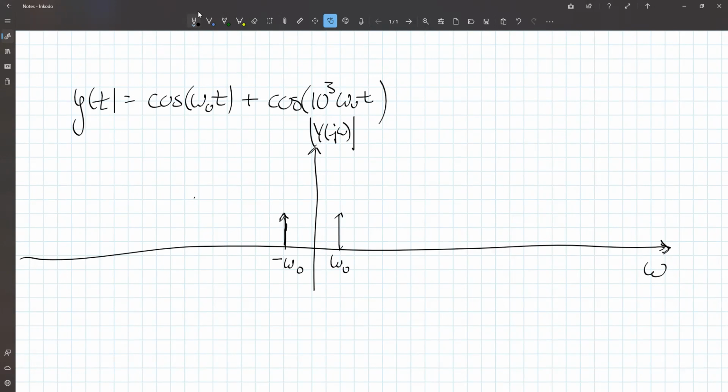And then if I come down here, this is 10³ω₀, and imagine this is a straight line, I apologize. This is minus 10³ω₀.